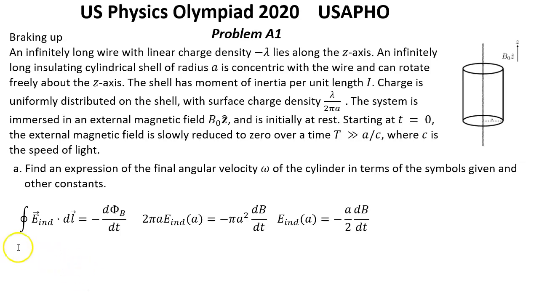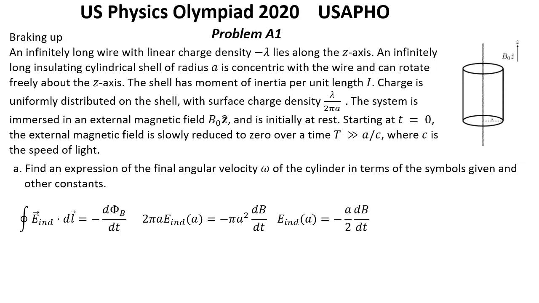It states that the integral around a circle with radius a gives the change of flux through this circle with a negative sign. That is 2 pi a multiplied by the electric field at distance a equals negative pi a squared multiplied by delta B over delta t, or electric field equals negative a over 2 multiplied by delta B over delta t.